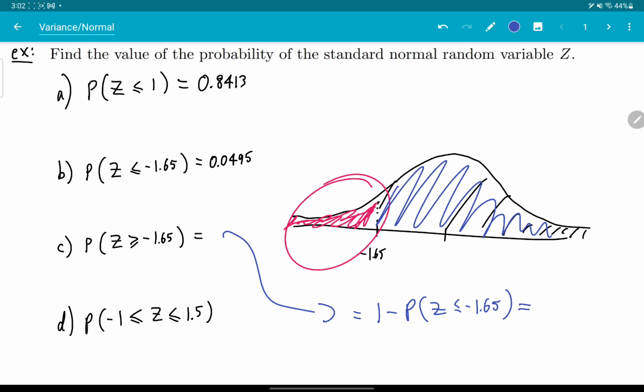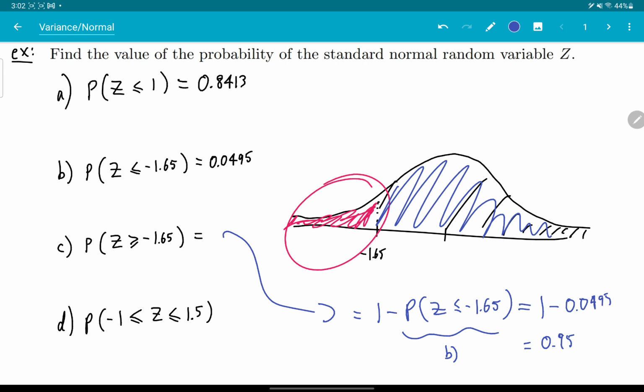And thankfully, we just found this in part B. So I got 1 minus 0.0495, which is an awkward number. Let me just be careful here before I make a complete fool of myself. Go into my little Google search bar, as I usually do.